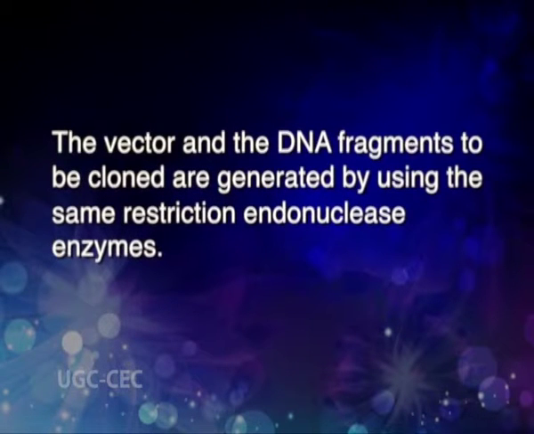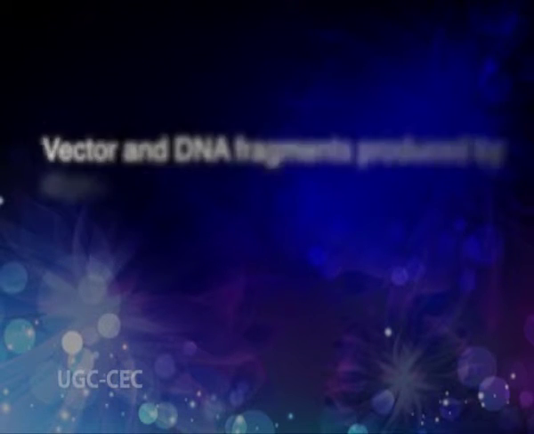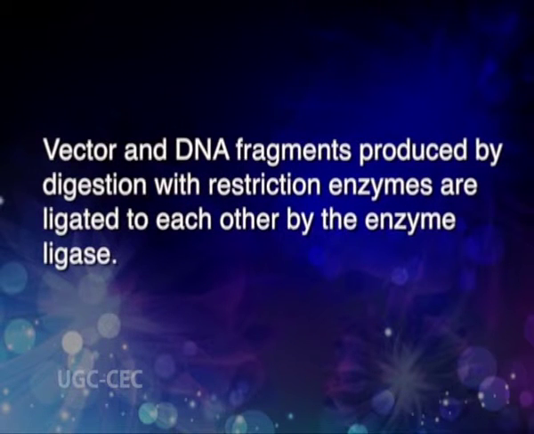The basic procedure of molecular cloning involves a series of steps. First, the vector and the DNA fragments to be cloned are generated by using the same restriction endonuclease enzymes. Second, vector and DNA fragments produced by digestion with restriction enzymes are ligated to each other by the enzyme ligase.